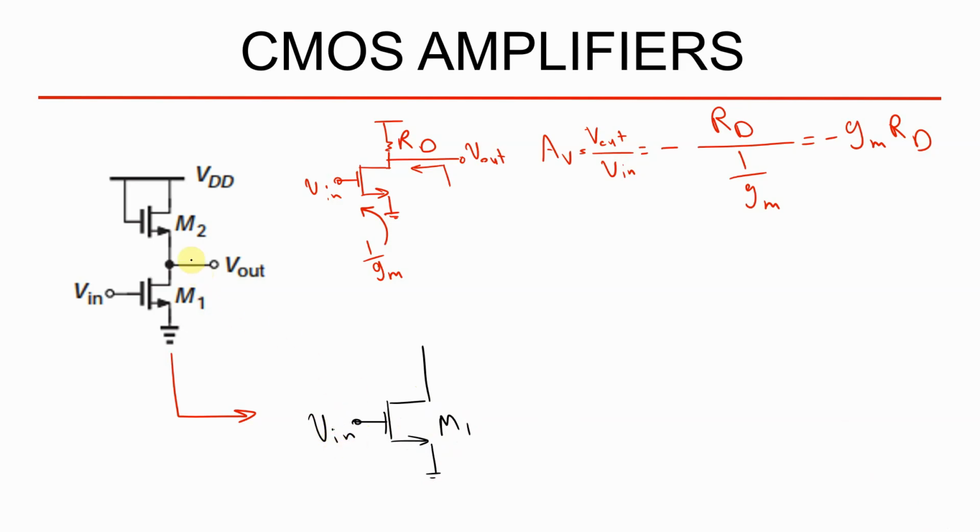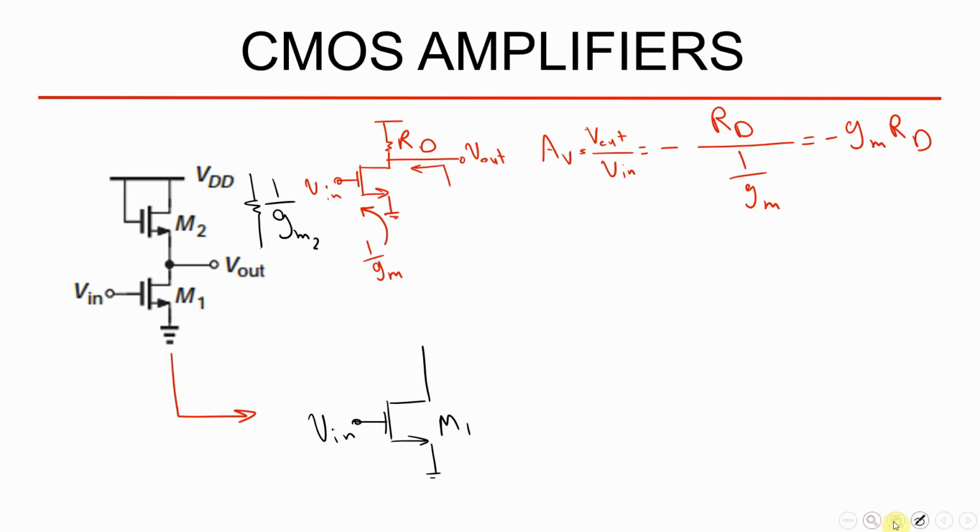Well, M2, if you all remember, in another video I told you this is a diode connected device, and we convert the 3-port device into 2 ports. So you can simplify this by using a resistance with 1 divided by its GM, which is GM2.